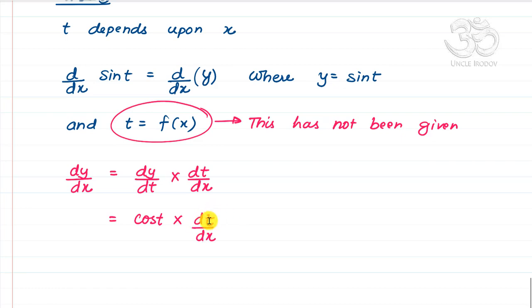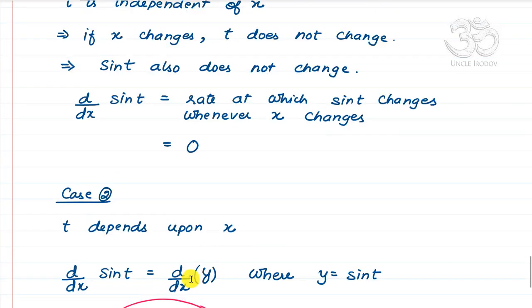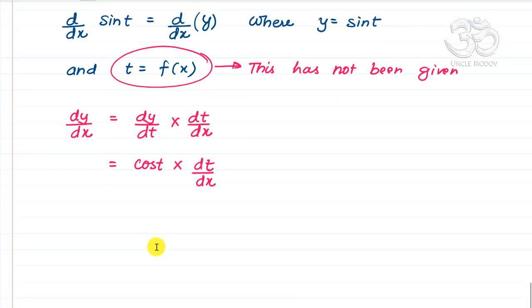And what if t in the end does not depend upon x? Then how much will be dt by dx? 0. That will lead us to the first case. If t is independent of x, then the answer was anyway 0. So it's always safe to write the answer as: d by dx of sine t is expressed as cos t multiplied by dt by dx.